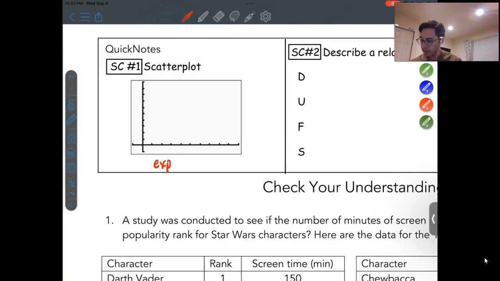So always label the explanatory variable here, and then your response variable goes on the vertical axis. And you'd plot a point for each ordered pair that you collected data on.